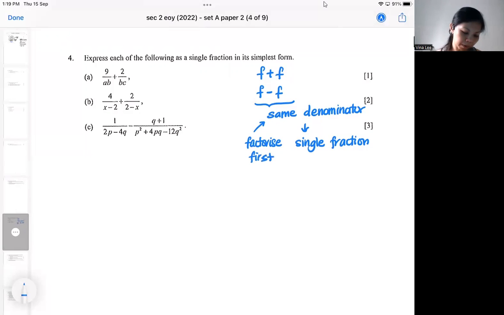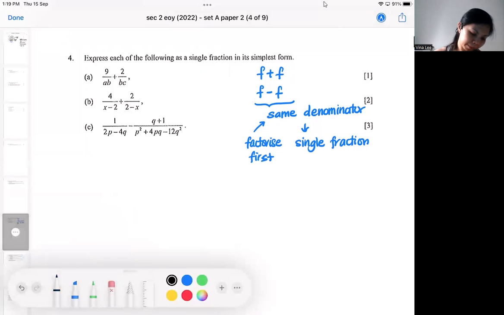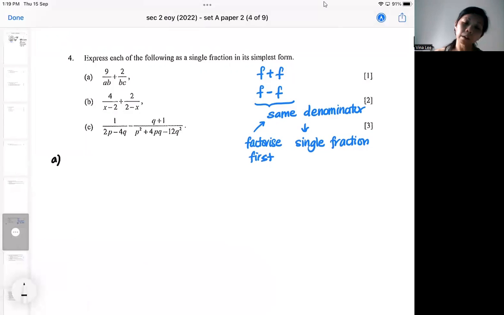For example, here for part A, I'm going to add the 2 fractions. So you observe the denominator. You observe what is common between them. Do you realize B is already common?